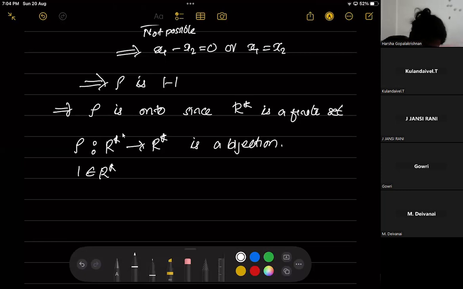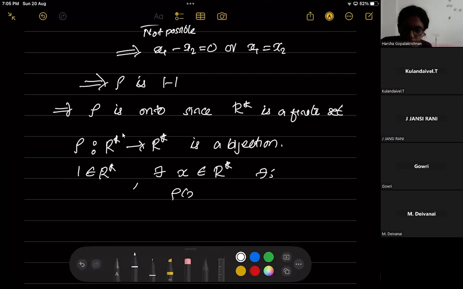That means there exists x in R star, which will be unique, such that rho x equal to 1. So what is our rho x? By definition, it is Ax.